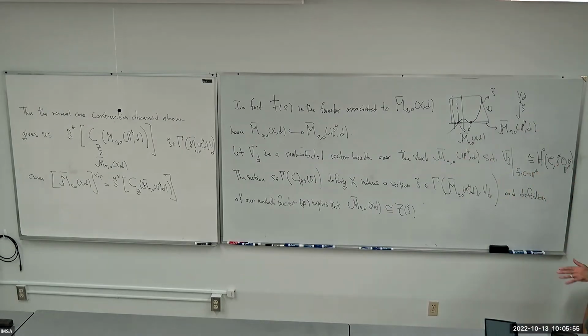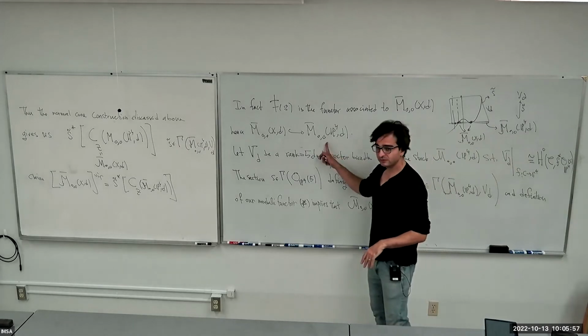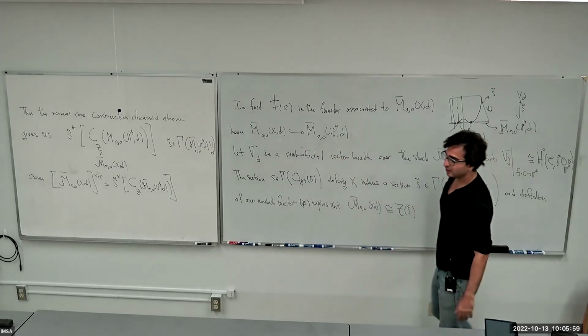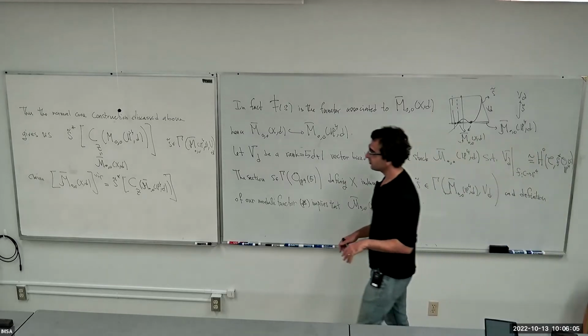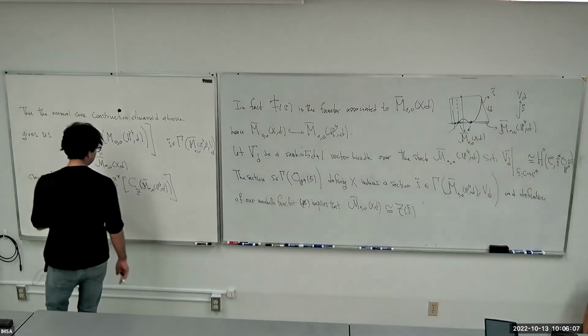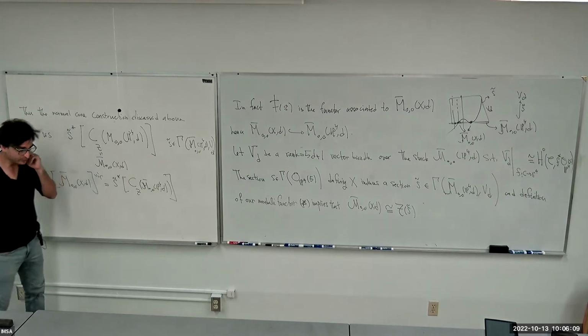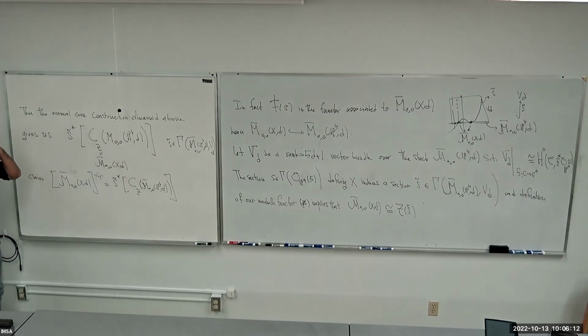Here we could do everything because we are doing 0,0. Everything is smooth, so I did not even need to construct the deformation obstruction complex or anything. I could capture it from M00P4.